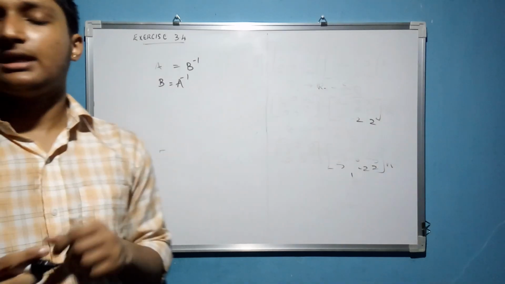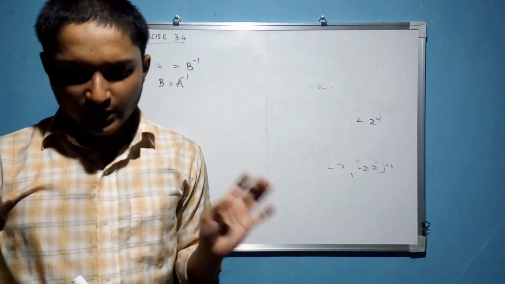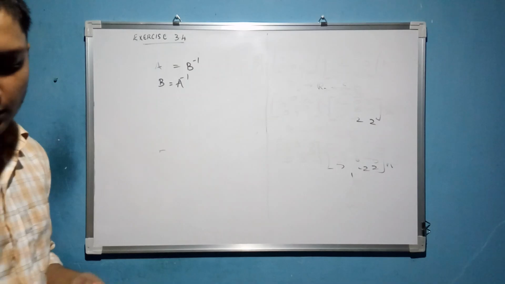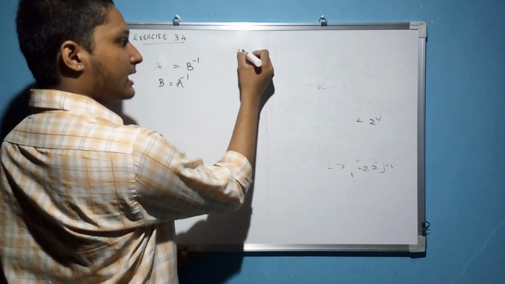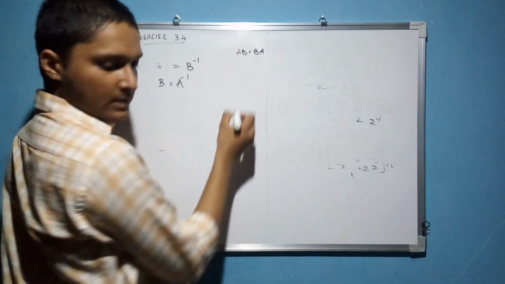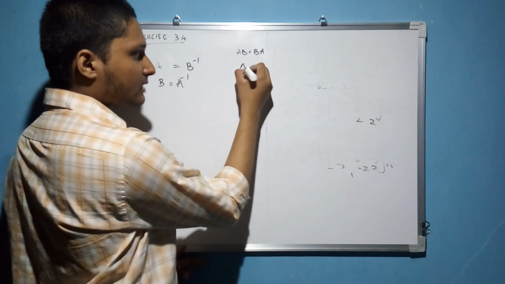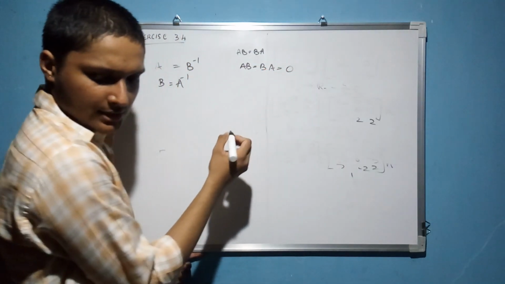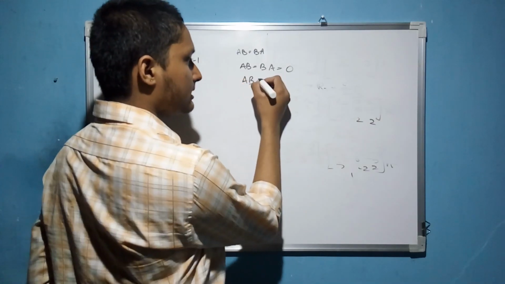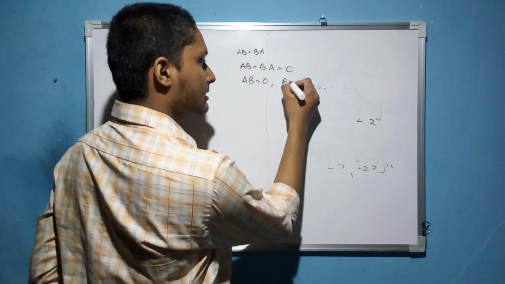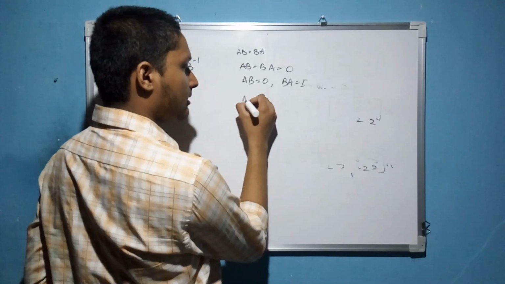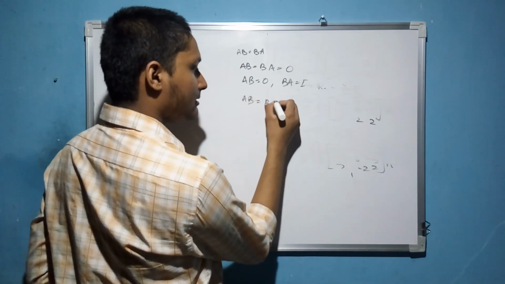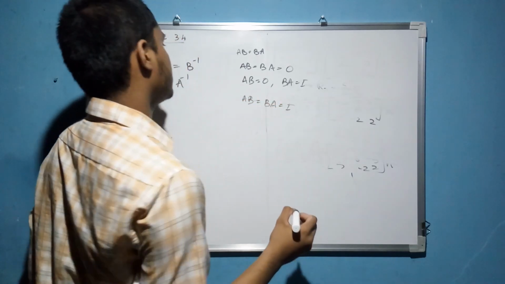A and B are inverses of each other if and only if, what is the condition? The options are AB is equal to BA, AB is equal to BA is equal to 0 matrix, AB is equal to 0 and BA is equal to identity matrix, or AB is equal to BA is equal to identity matrix.